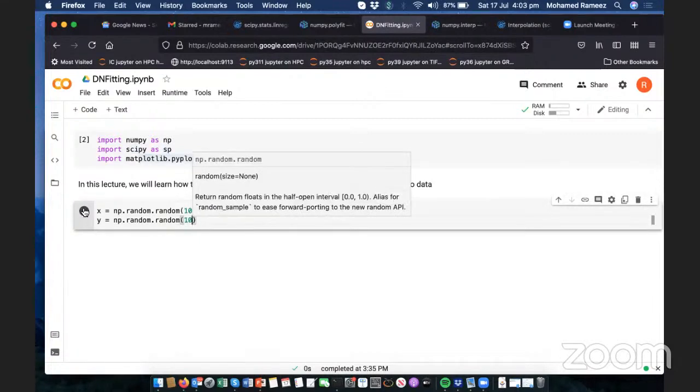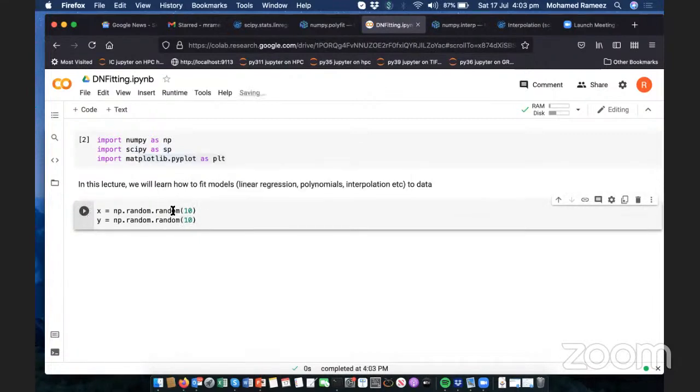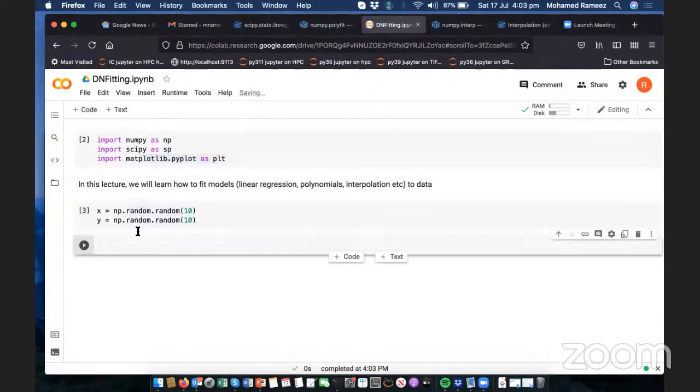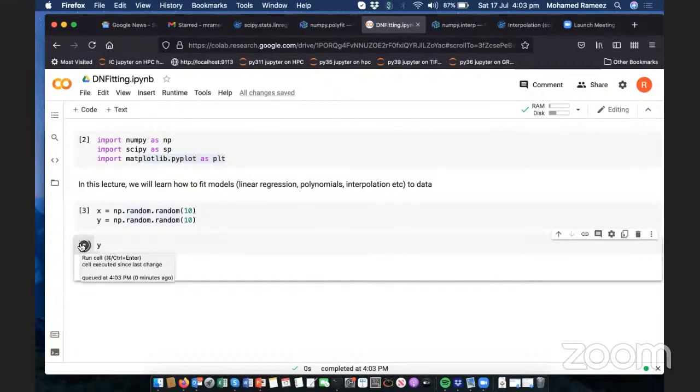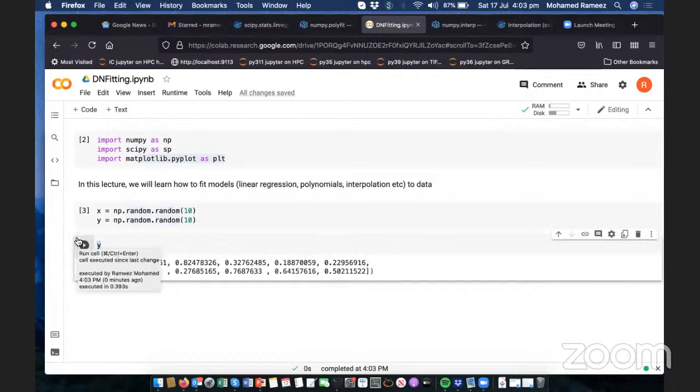np.random.random(10). Now, notice that because I'm calling a random number generator twice, even though it looks like x and y should be the same, x and y will be just two different arrays of length 10. So let's just examine what's in x. Yeah, x and y are two arrays of length 10.